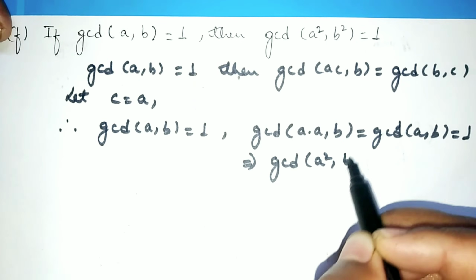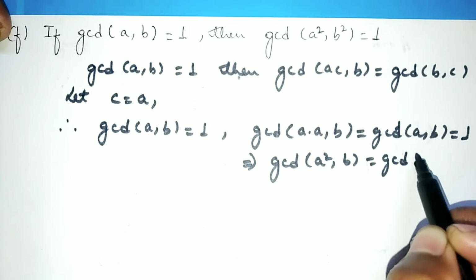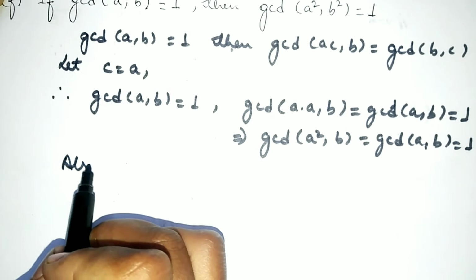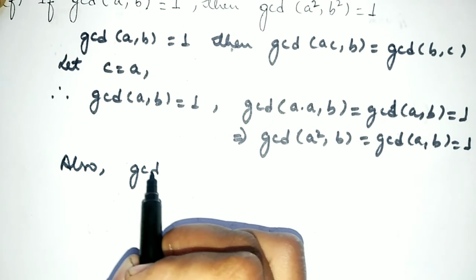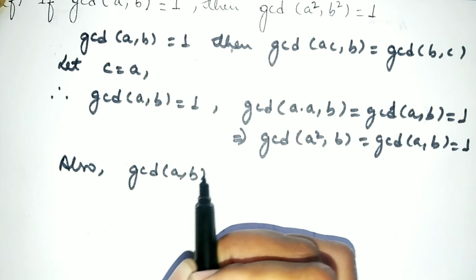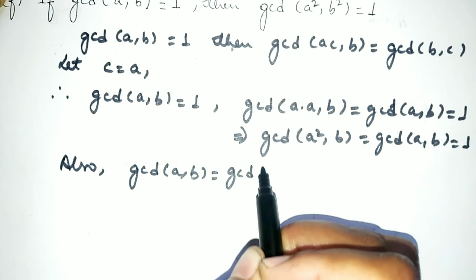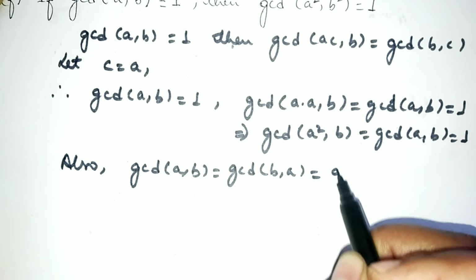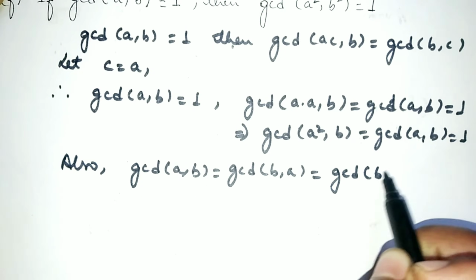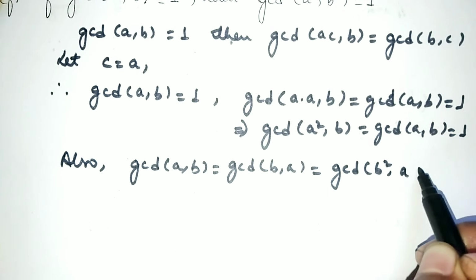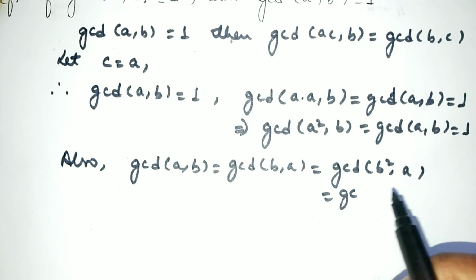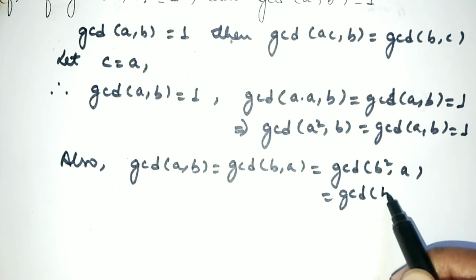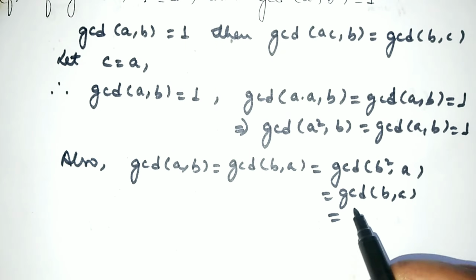I'm using the previous one. GCD of A square comma B equals GCD of A and B, which is 1. Also, GCD of A and B is the same as GCD of B and A, so I apply the previous one, which is GCD of B square comma A equal to GCD of B and A, which is equal to 1.